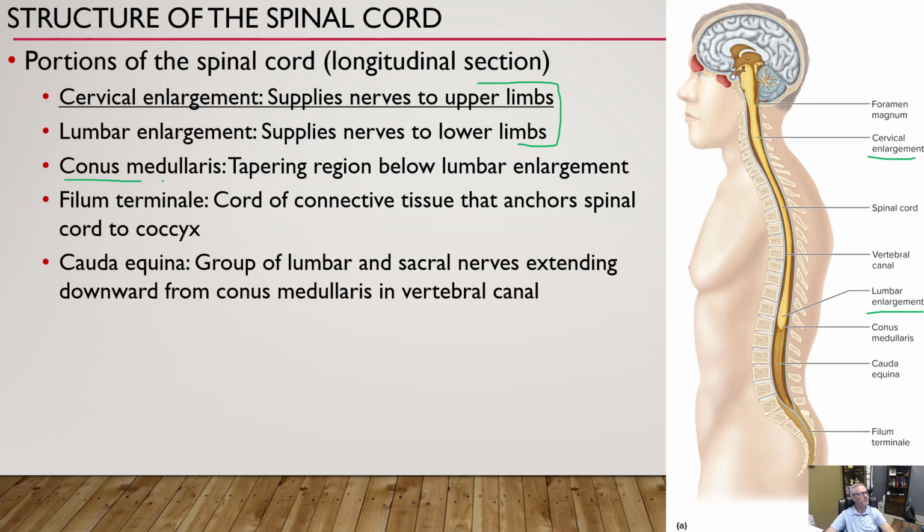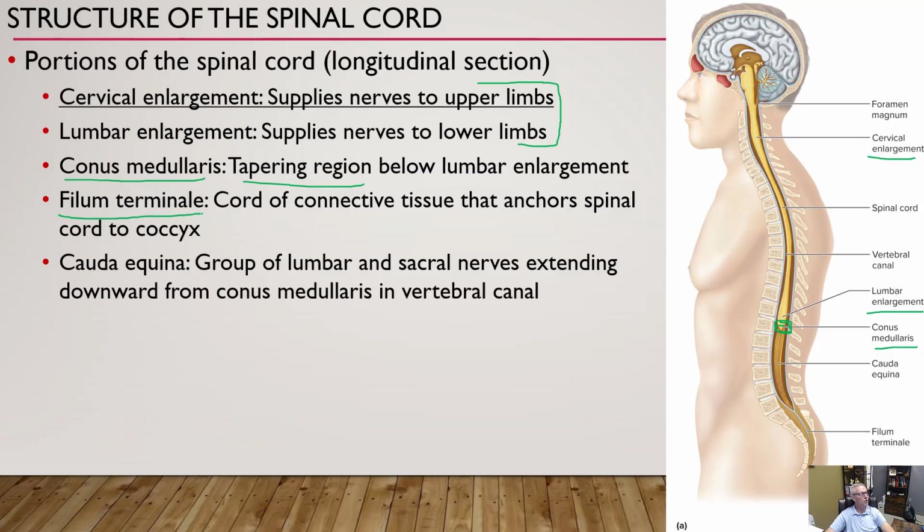We also have the conus medullaris, which is right here. It's a tapering of the spinal cord. So that's the conus medullaris, that tapering region. Remember, the spinal cord tapers off around the L1, L2 space.